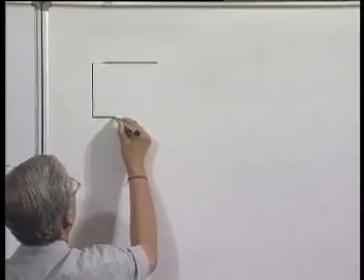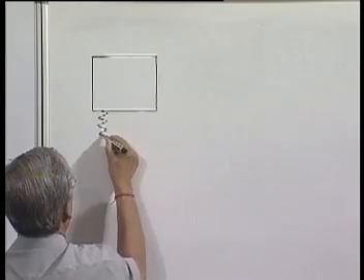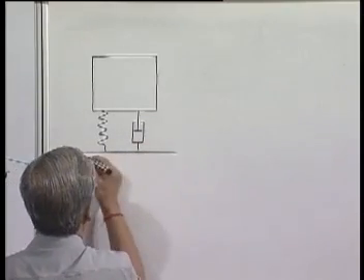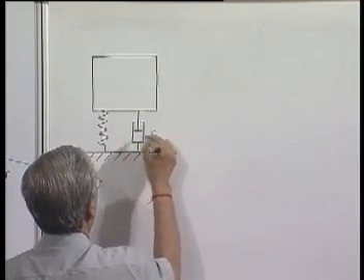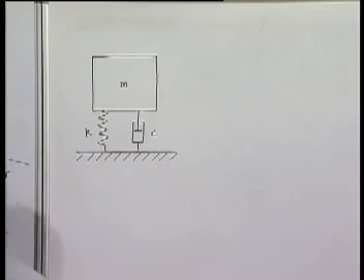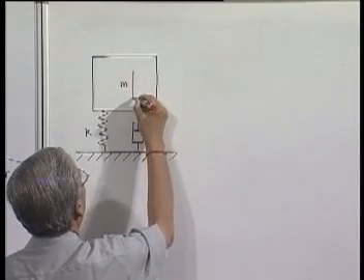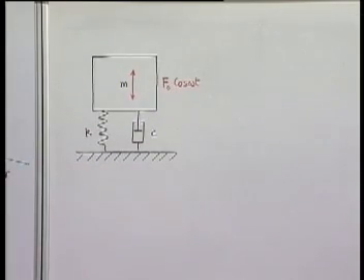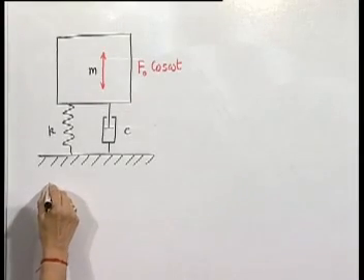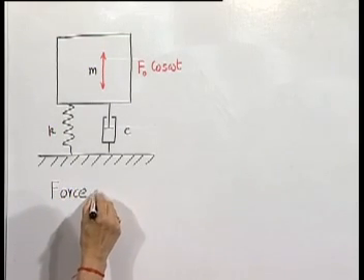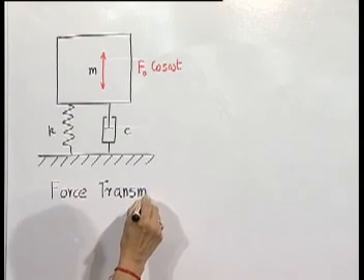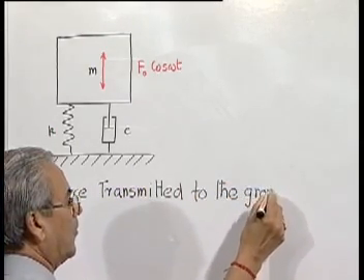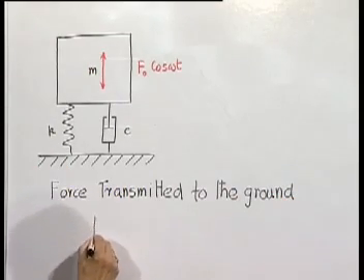The other concept of transmissibility, as I mentioned a little while ago, is that a system or a machine, when it runs, generates some unbalanced force. The question is how much force is transmitted to the ground or base, whatever it may be, say it is Ft.